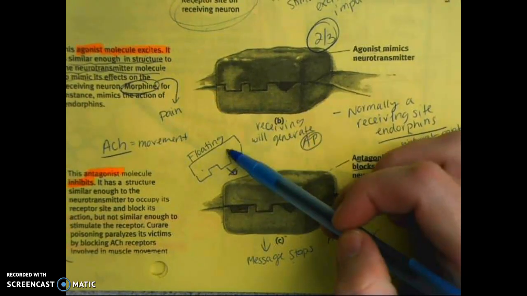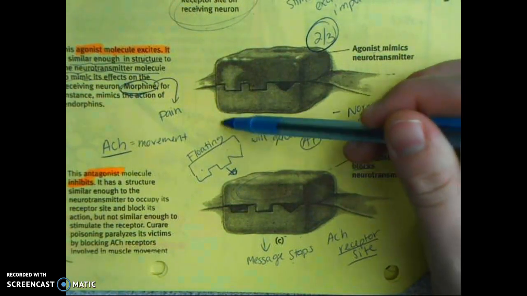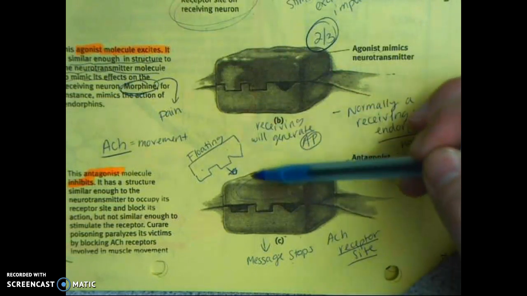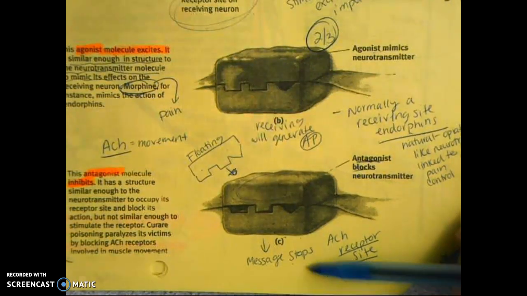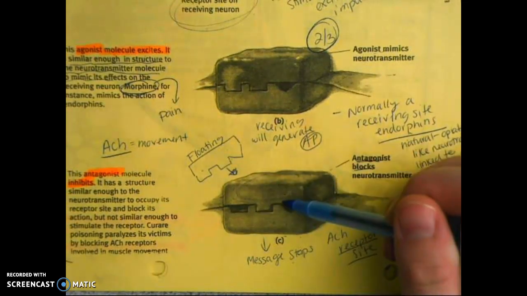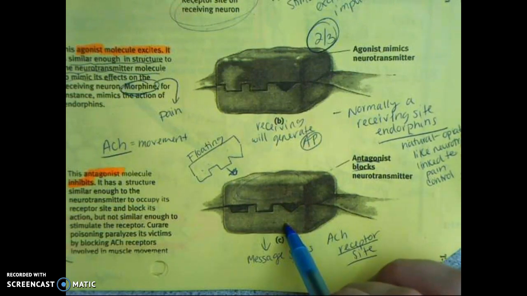ACH has to do with movement. So let's say the message is move your hand, move your hand, move your hand. ACH is trying to bind at this receptor site to send the message to the muscle to contract your hand to move it, and it can never do that. As long as this chemical is sitting here, ACH can't get into the receptor site, which means you can't actually move your hand.